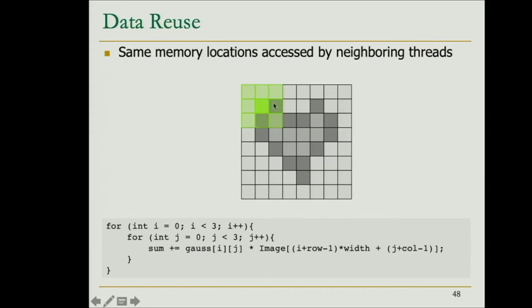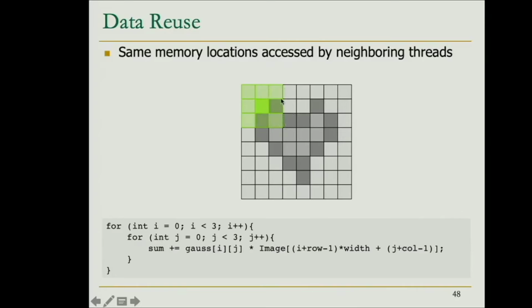But now if you think about the computation that needs to be applied for this pixel here, it's actually the same thing, but instead of these 9 elements, it's going to be with this window of 9 elements here.